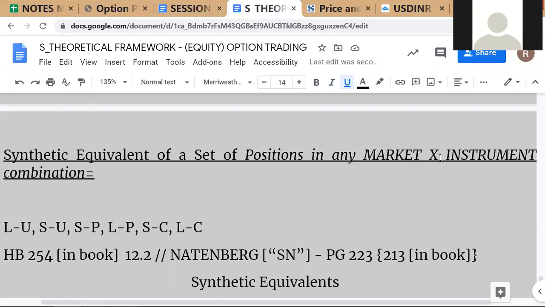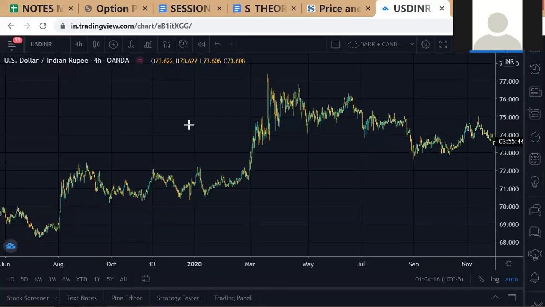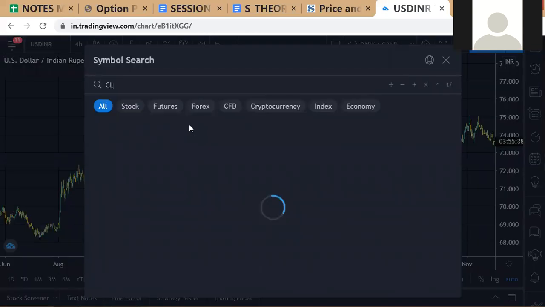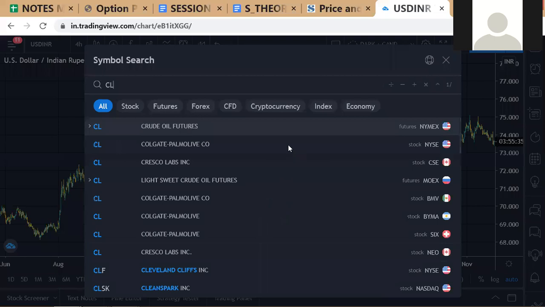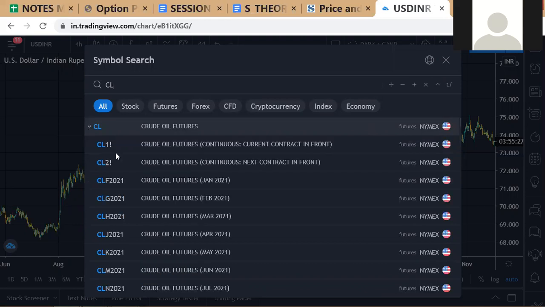When we plot something, we're always looking at some market instrument combination, which means spot or options or forwards or futures, etc. For instance, if you look at CL, crude oil futures, which you'll be trading in your next project, you can see straight away how many crude oil futures can be tracked.